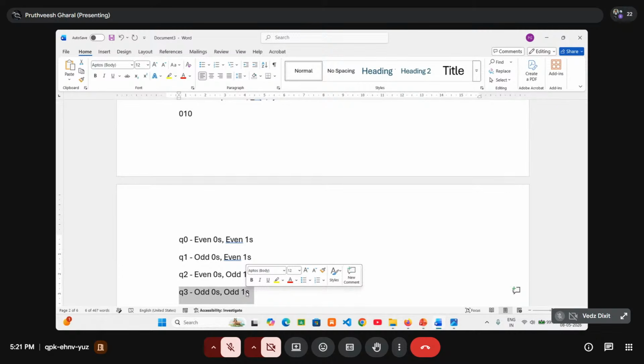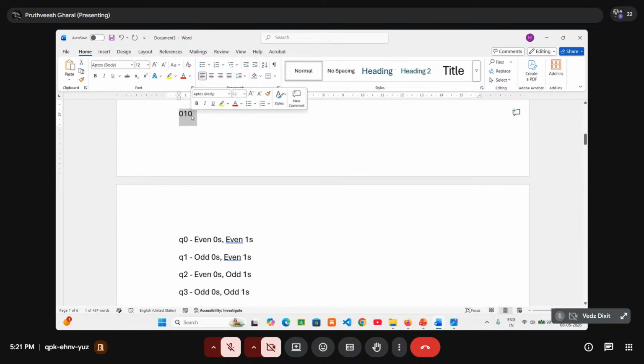The DFA is asking us this question. From what we have seen in this string, there are an even number of zeros and an odd number of ones. We know this for a fact.